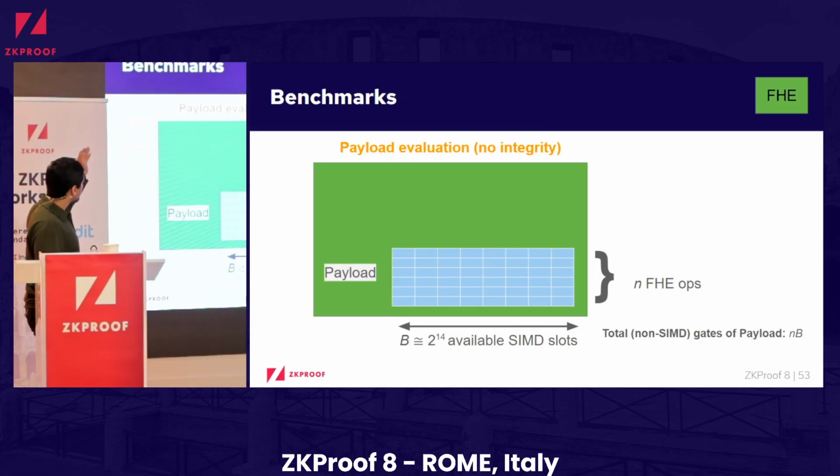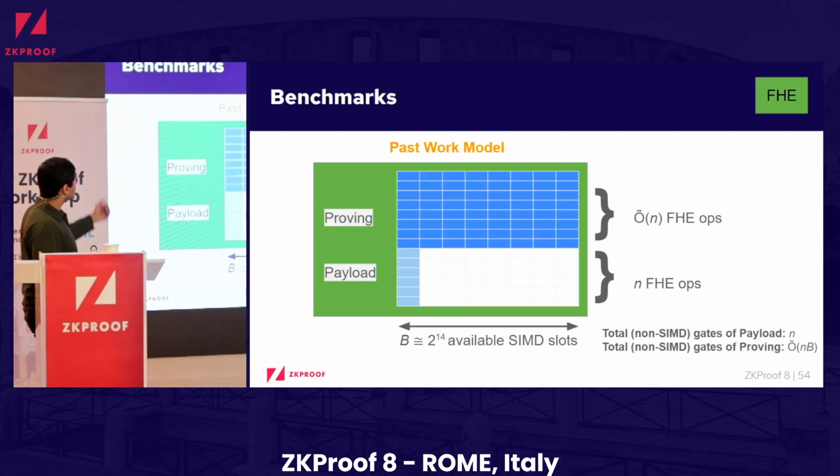Okay, so when it comes to benchmarking, the payload computation should use all B available slots. But what past works are doing is they're considering payload computations that only use one of the slots and then use all the slots for proving, and then compare the ratio of doing both to just doing payload computation. This is kind of like using 16,000 threads for proving and only one thread for computing the payload, which is not a fair comparison.